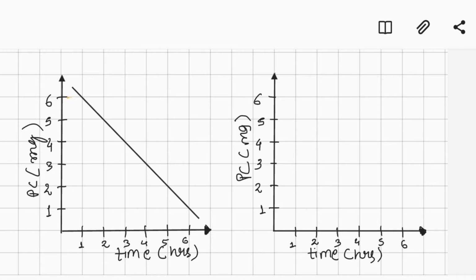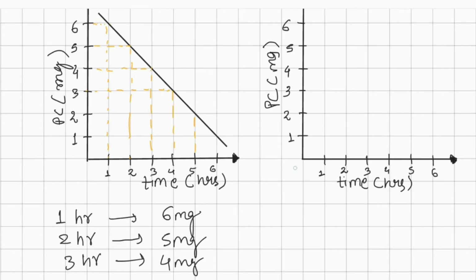Look at this graph carefully. On the x-axis, we have time in hours, and on the y-axis, we have plasma concentration in milligrams. 6 milligrams of the drug is present in the plasma in the first hour, 5 milligrams in the second hour, 4 milligrams in the third hour, 3 milligrams in the fourth hour, and so on.